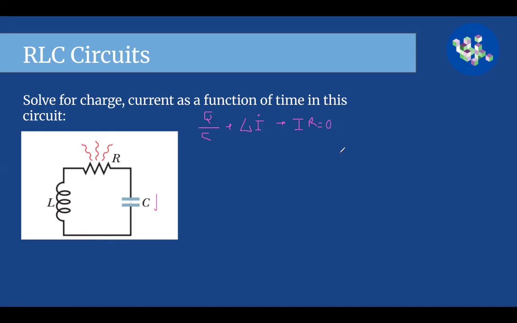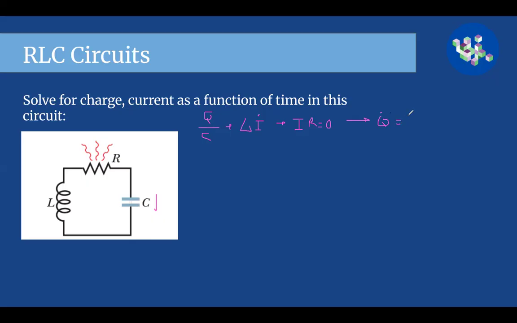Right now, it's a damped circuit. So I'll say that Q dot equals my current.